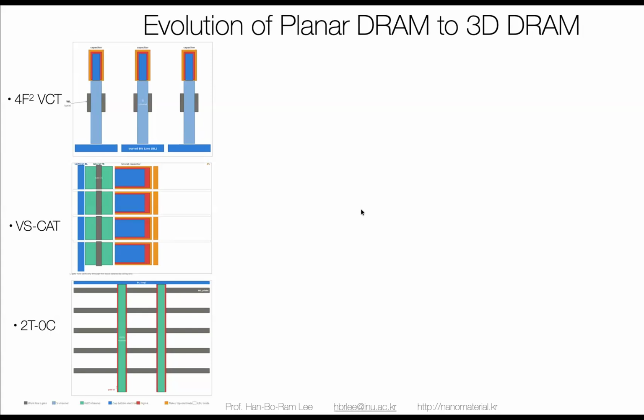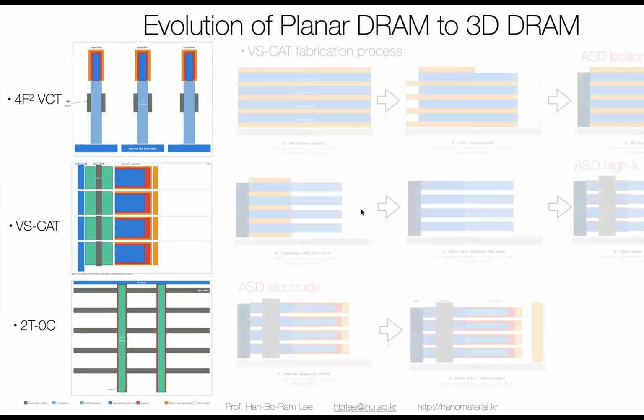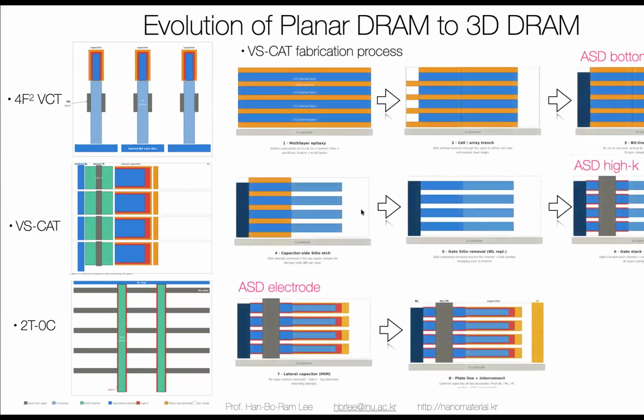And then this is the real 3D DRAM structure, another concept of the 2D zero capacitor structure. But some of the device companies are trying to make this VS-CAT approach. And then this is the schematic drawing of how they can fabricate the 3D DRAM structure.